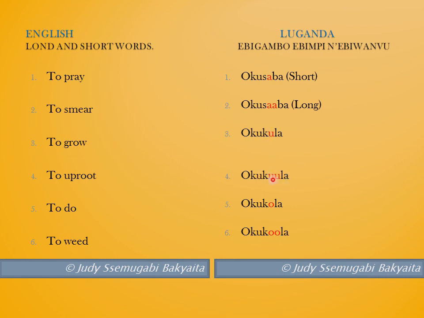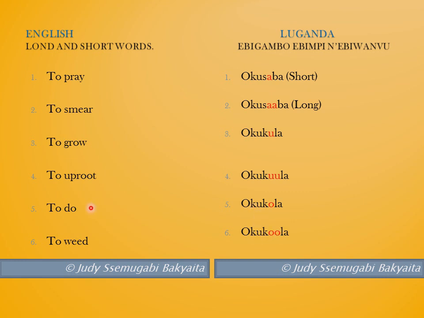This is long. To do in Luganda is okukola. When we add another O on this same word, the meaning changes from okukola to okukoola.